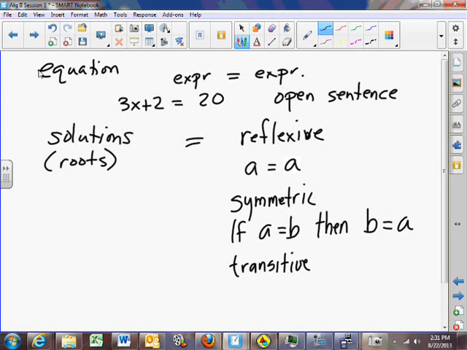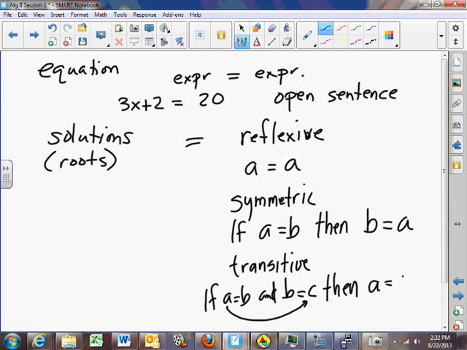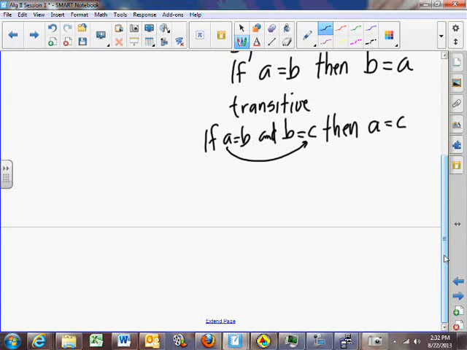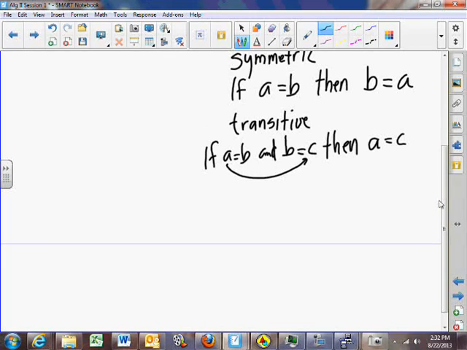In other words, if A is equal to B and B is equal to C, then by the transitive property, A has to be equal to C. Sometimes, instead of transitive, we'll just say substitution. But substitution is a little bit stronger than the transitive property. Maybe we should mention substitution in passing at this point.